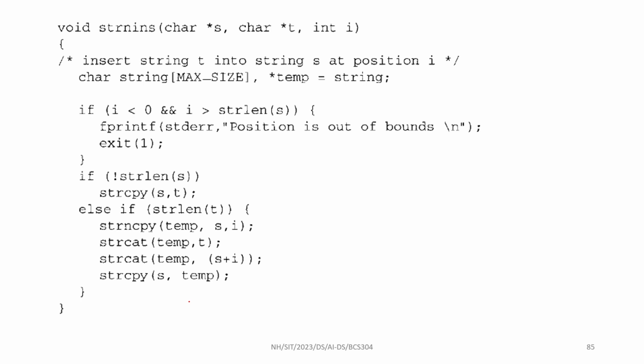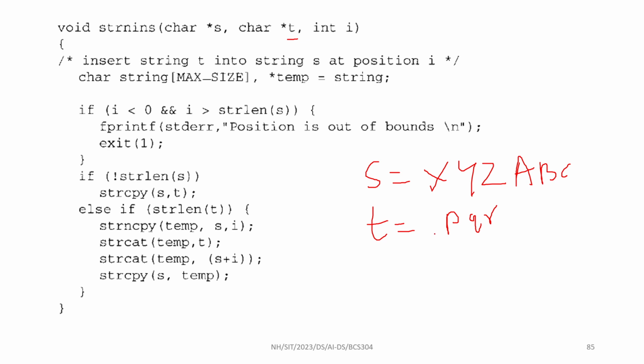This is a routine which inserts T in S. Earlier we saw the built-in function; here we do it without using a built-in function, starting from the position I. Let us take S like X, Y, Z, A, B and C. Let us take T as P, Q and R. The position I equals, say, 3.